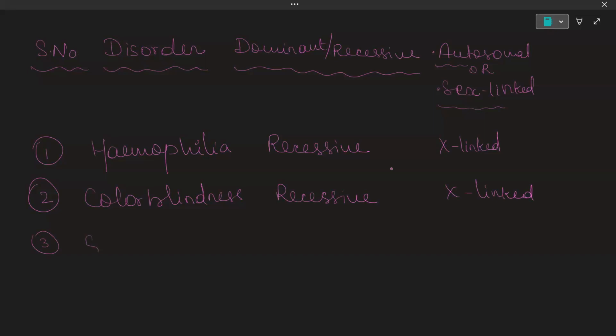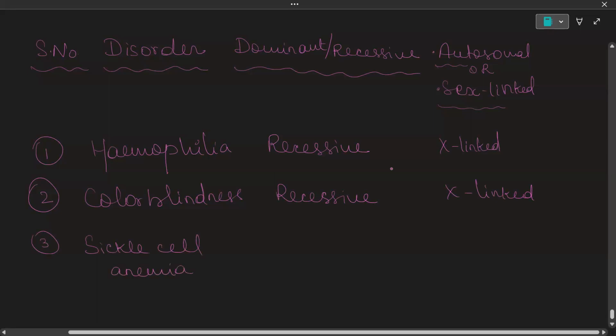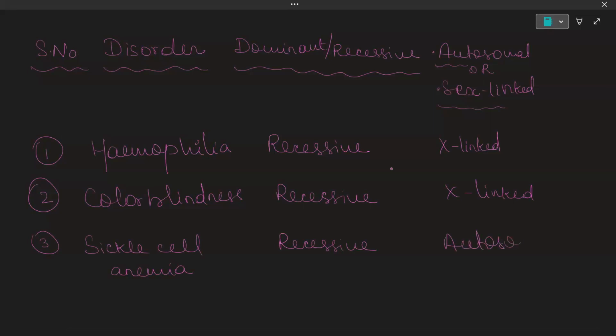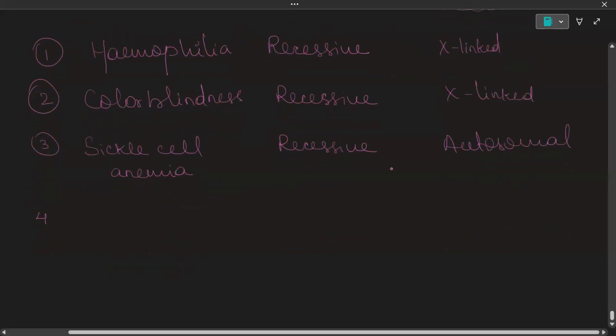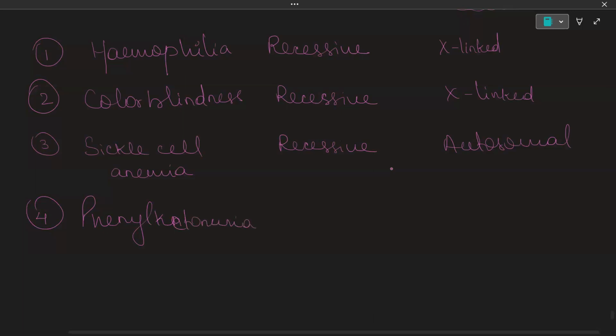Now there is another disease, that is sickle cell anemia. This one is also recessive, but it is an autosomal disease. Now the fourth one is phenylketonuria. It is also recessive, and it is also autosomal.